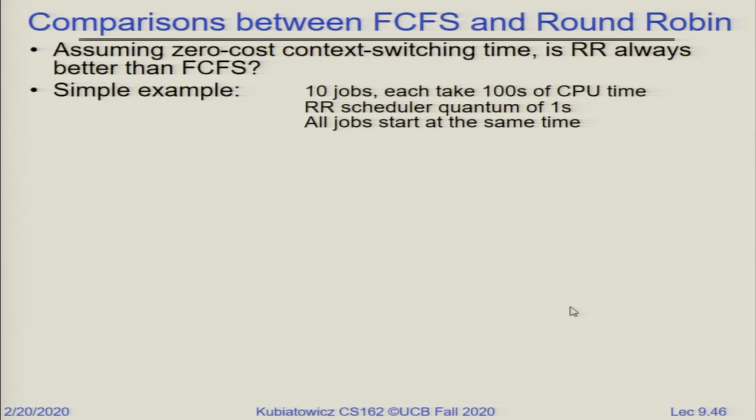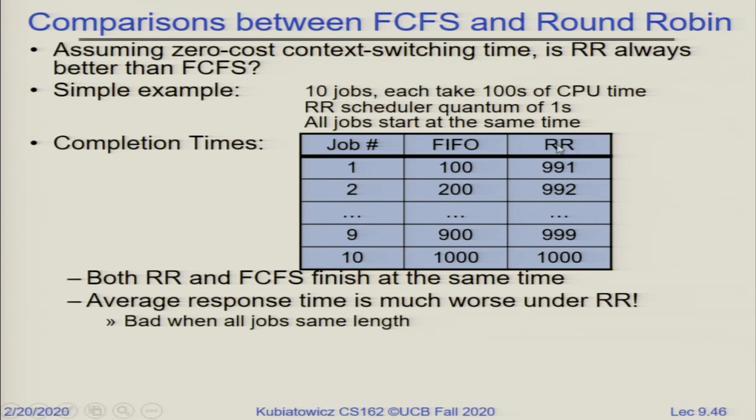Now, let's see. Let's do one last slide here. Assuming zero-cost context switching, is round robin always better? So suppose you have 10 jobs and every one is 100 seconds of CPU time. Round robin scheduler quantum of 1 second. If you notice what happens here is if we run job 1 to its entirety, then 2, then 3, then 4, or we run job 1 for 1 second, job 2 for a second, job 3, job 4, we keep swapping around.